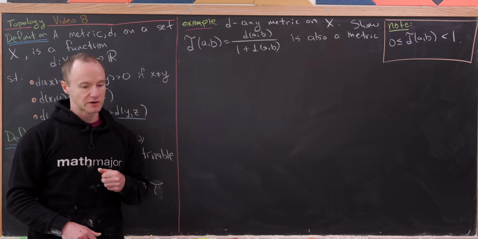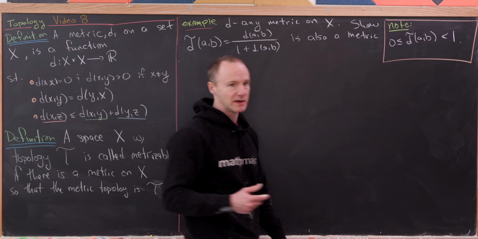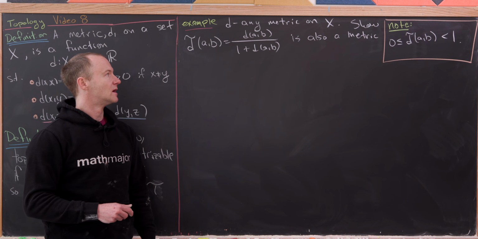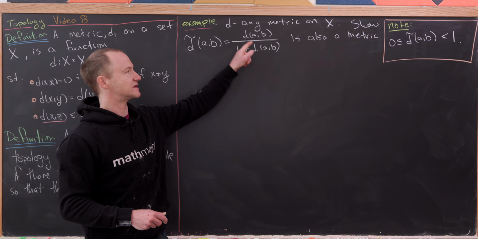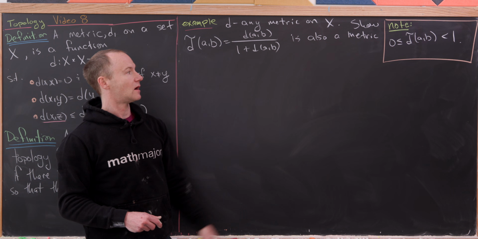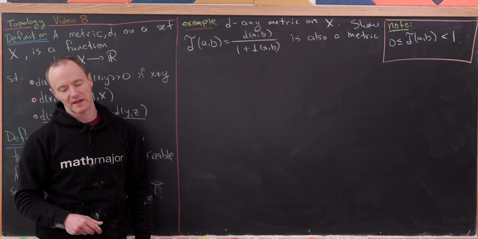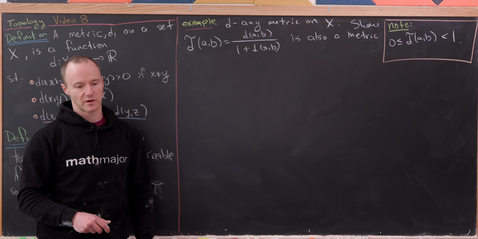Let me observe quickly that d tilde is always going to be bigger than or equal to 0, because the numerator is bigger than or equal to 0 and the denominator is also bigger than or equal to 0. But it's always less than 1, because the denominator is always bigger than the numerator.